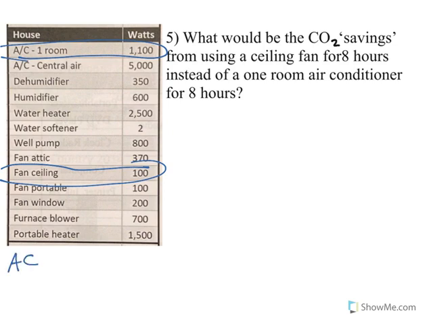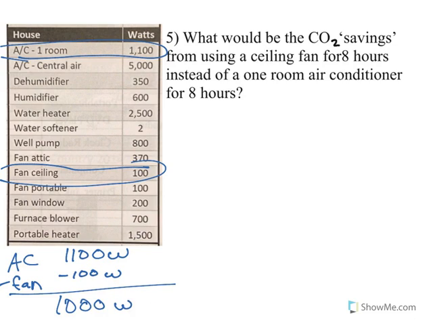So if I say, okay, we're going to take AC minus the fan, 1,100 watts minus 100 watts gives me a difference of 1,000 watts. So the savings in terms of wattage is 1,000. I'm saving 1,000 watts using the fan.